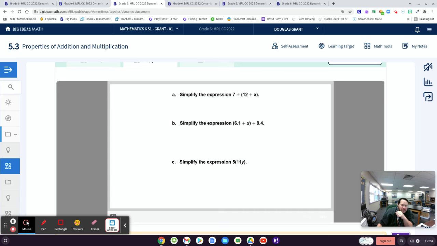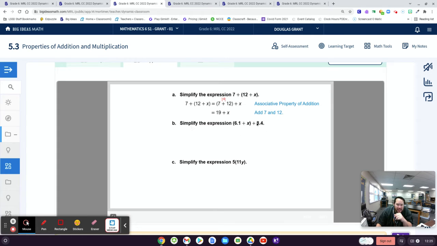Yeah, if you said the associative property, you're correct. So for that first one, you can rewrite this by moving the parentheses over using the associative property of addition. And it becomes 7 plus 12 first, which is 19 plus x. So to simplify this, use the associative property of addition to regroup the parentheses. Then you can add the 7 and 12 to get your simplified version.